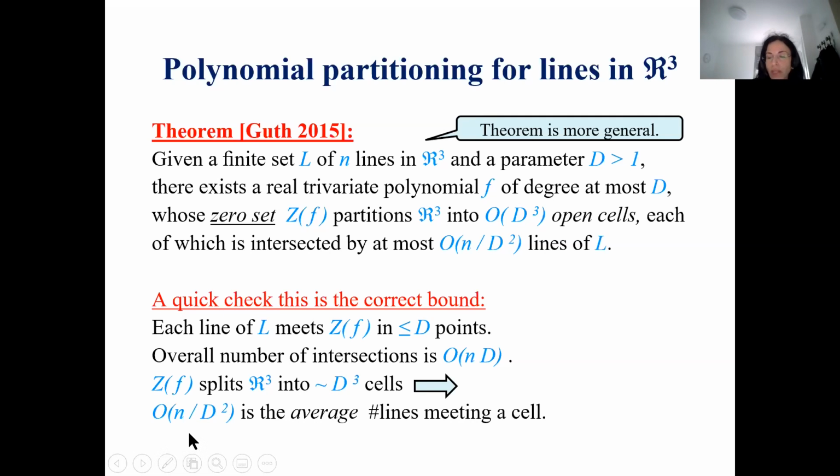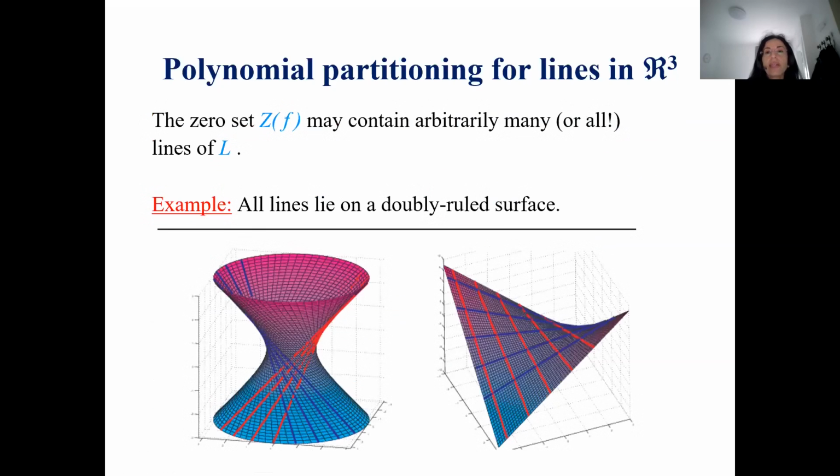I mean, this is the bound on average, but with a lot of effort, Larry Guth managed to show that there are polynomial partitionings for which this is the bound in the worst case. Here too, we also suffer from the problem of the zero set, because it may happen that many lines will eventually lie on the zero set, and you need to handle them using a different approach.